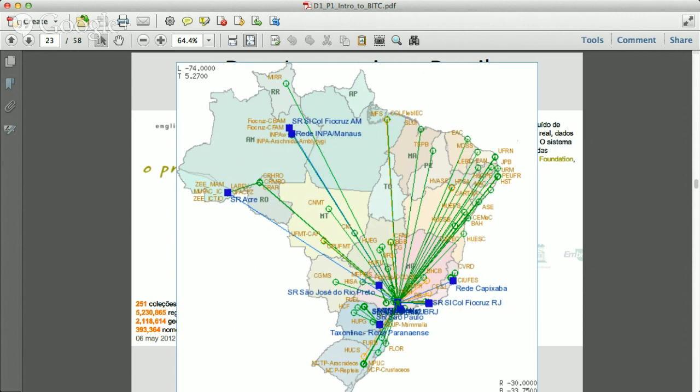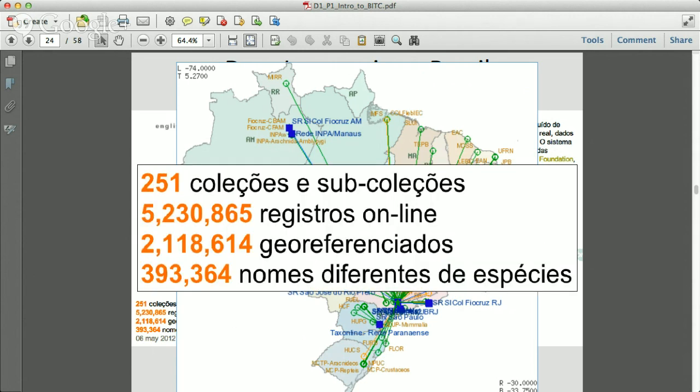And this technology allows the creation of what's in effect a virtual world museum, which is to say collections and data resources around the world can be integrated virtually and be turned into a single global, or in this case, national data resource. And so again, there are the numbers that I told you about earlier.